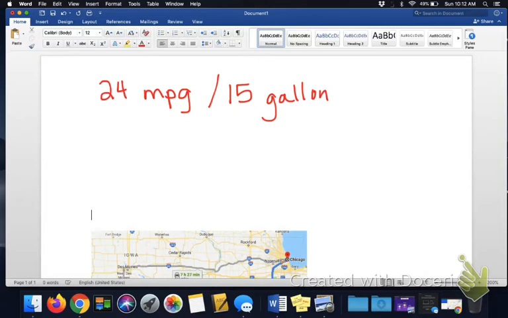How many miles can your car go if it was completely empty? The easiest way to do that is to just multiply these two numbers together. So we're going to multiply 24 times 15. Go ahead and do that either on paper and pencil or with a calculator.